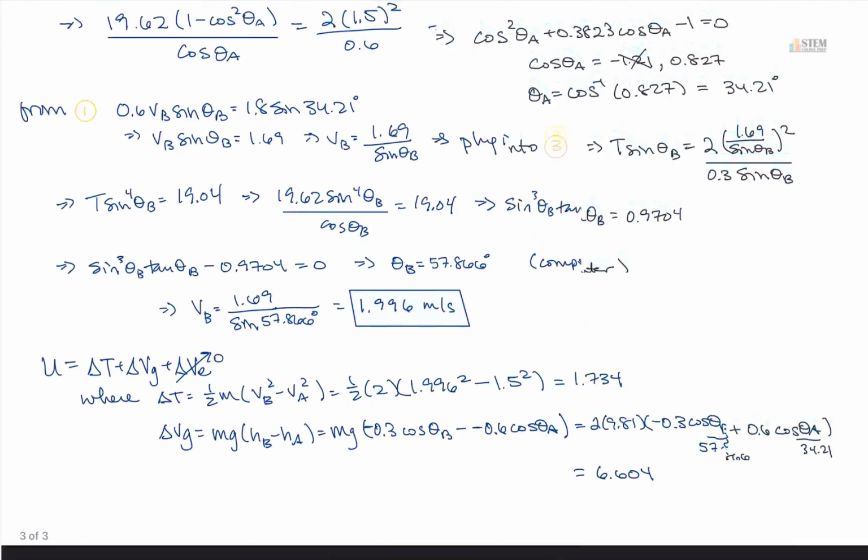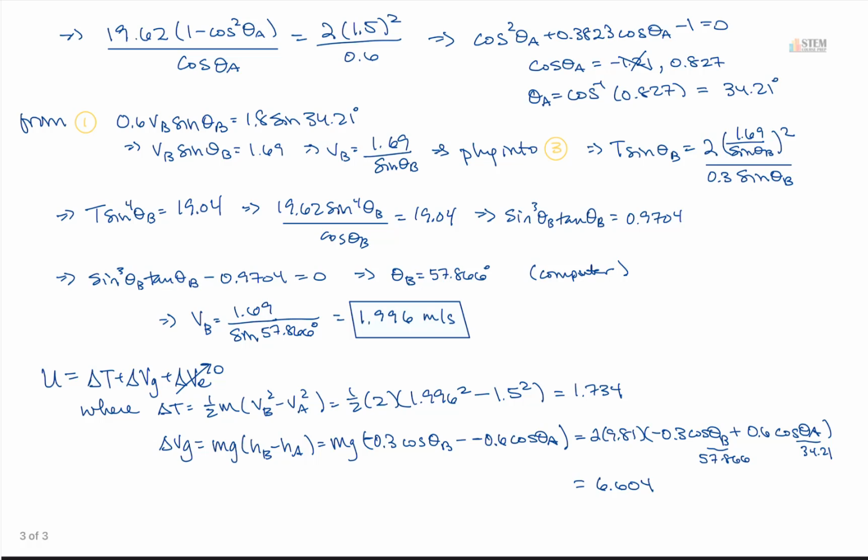So let's call this U sub F, and then that is going to be 1.734, and then plus 6.604. So now what does that equal when we add that up? Let's see, that is 8.34. All right, so we got 8.34, and that's joules or Newton meters, whatever units you want to use there. But that'll be our work due to the force.